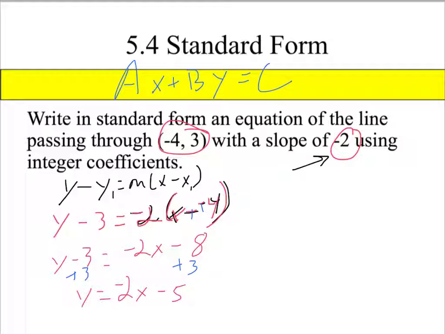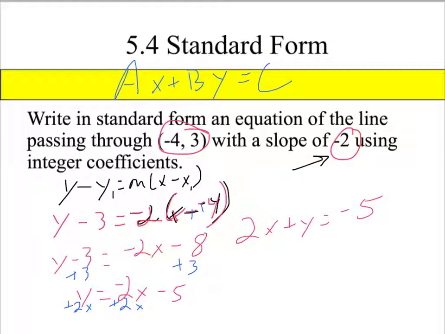Okay, so now what we are going to do is bring my x's on one side and y's on one side and leave my numbers on the other. So I'm going to bring over this 2x here. I'm going to add 2x to both sides. And my equation ends up as 2x plus y is equal to -5.